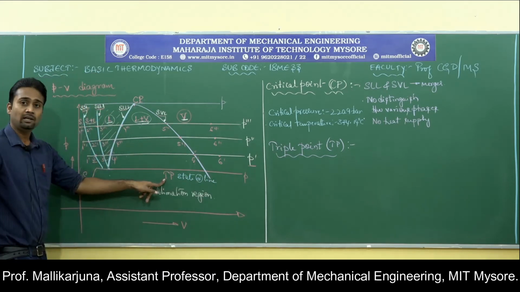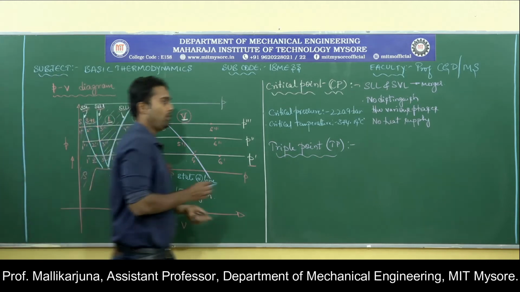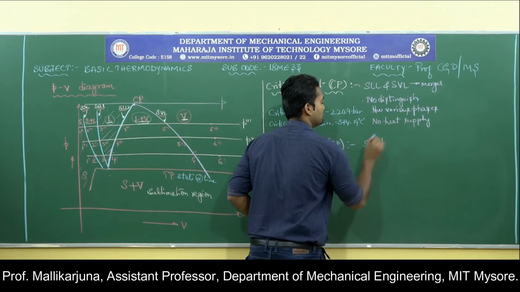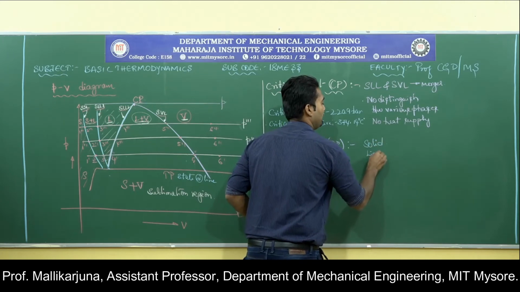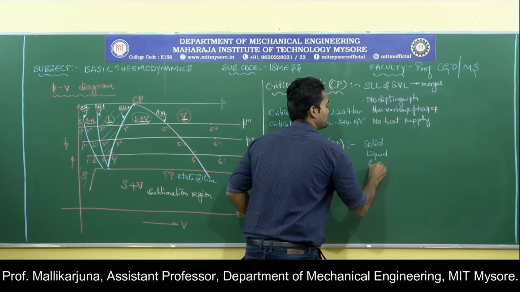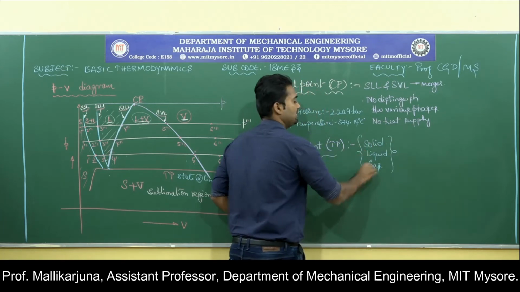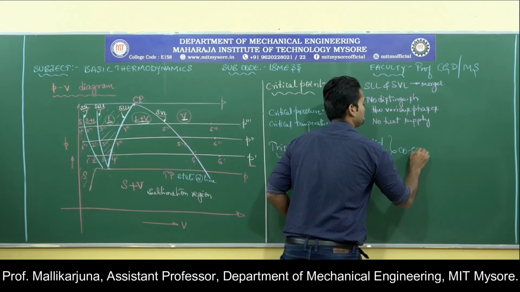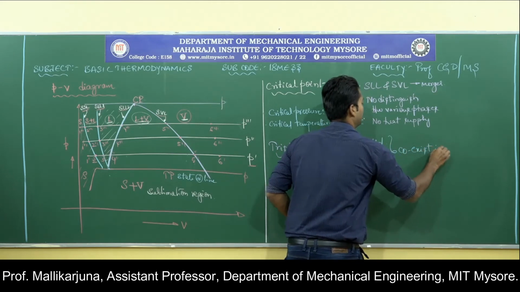Why is it called triple? Because it is the point in which all the three phases of a substance, what are those natural phases? Solid, liquid and gaseous phase. All these three phases are going to coexist in equilibrium.